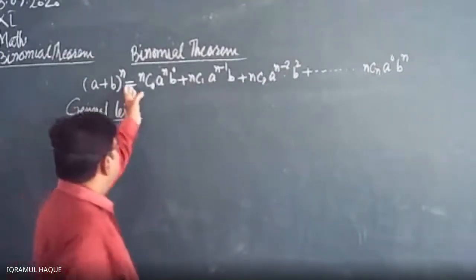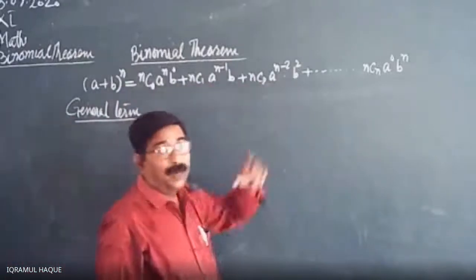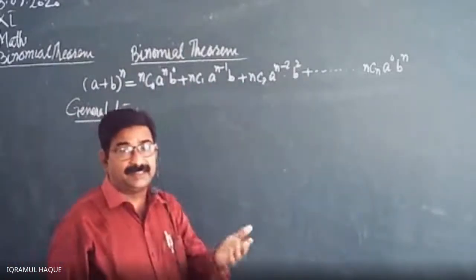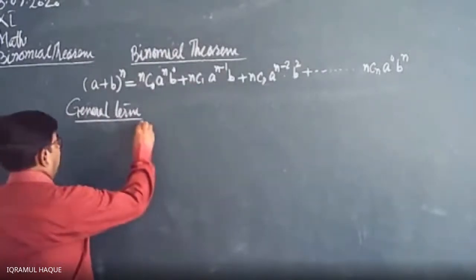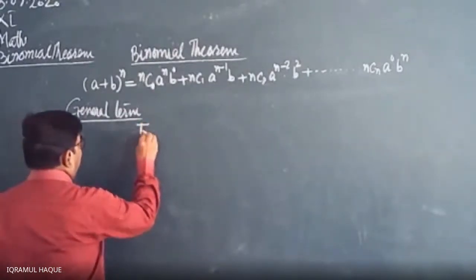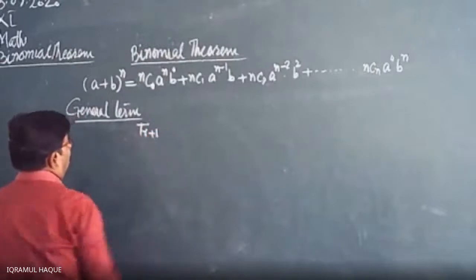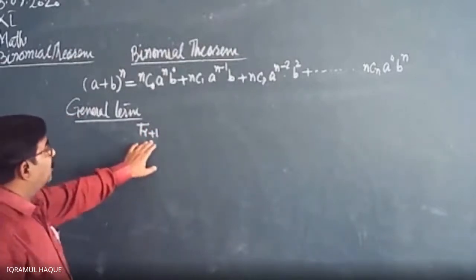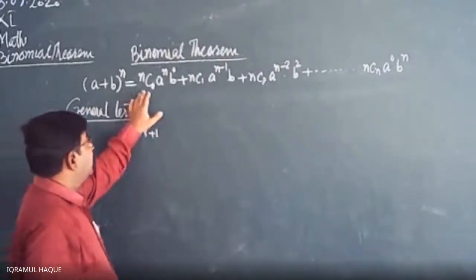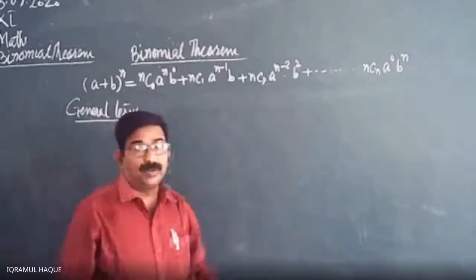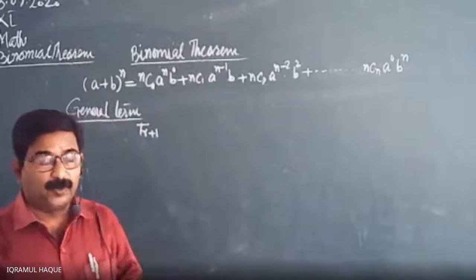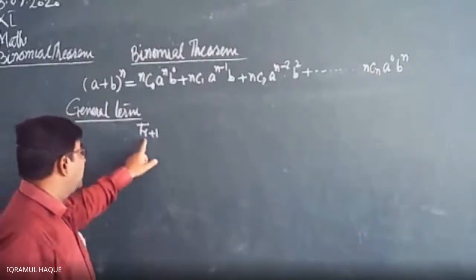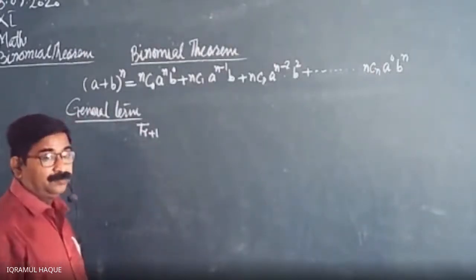Means this expansion, how can we generalize? So general term, we write T R plus 1. Why R plus 1? Because I told that in expansion, number of terms is one more than that of the exponent. This is why we write T R plus 1.